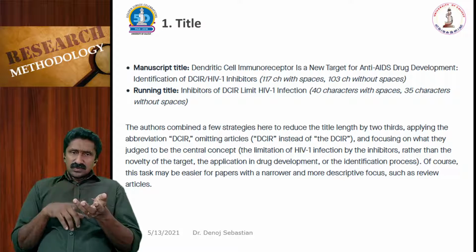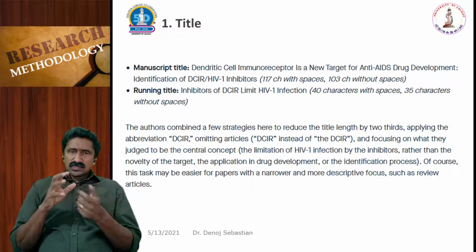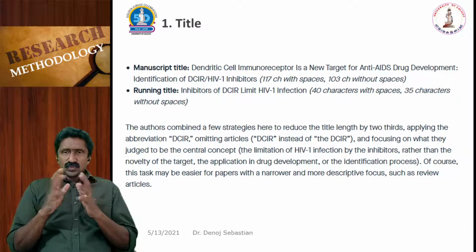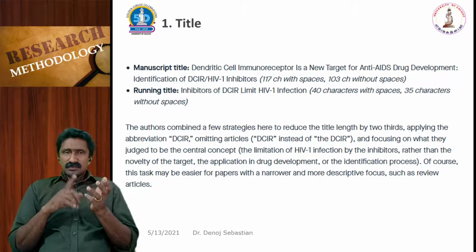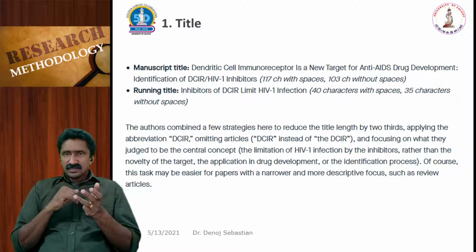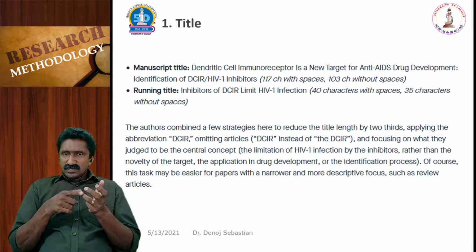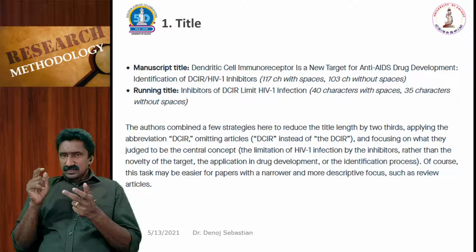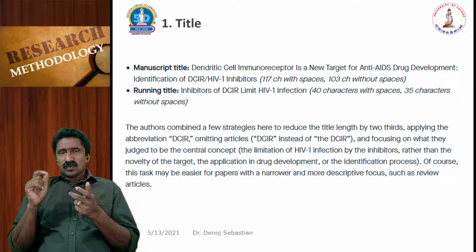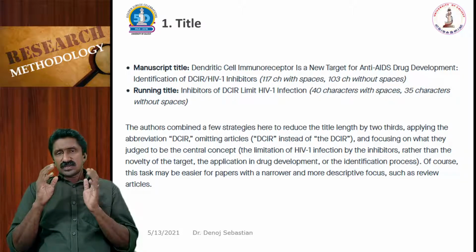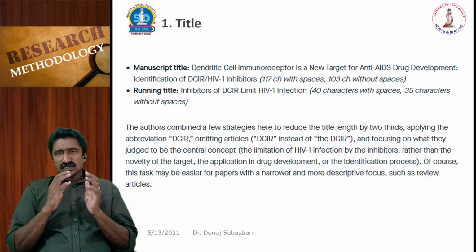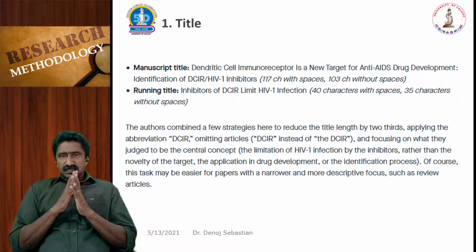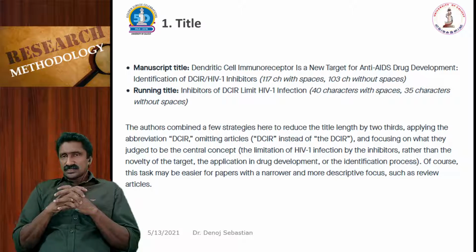You can see that the authors combined a few strategies here to reduce the title length by two-thirds: applying the abbreviation DCIR in the running title, omitting articles, and focusing on what they judge to be the central concept. In this case, the central concept is the limitation of HIV infection by the inhibitors rather than the novelty of the target.